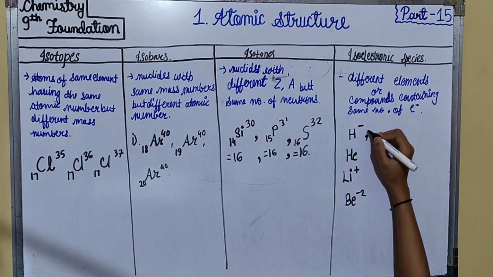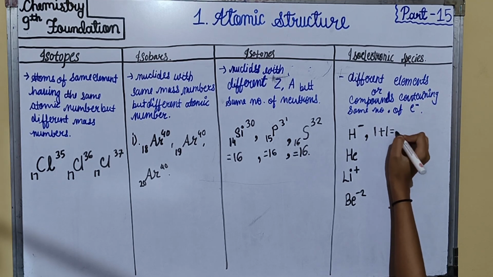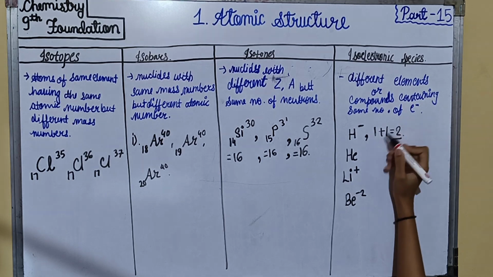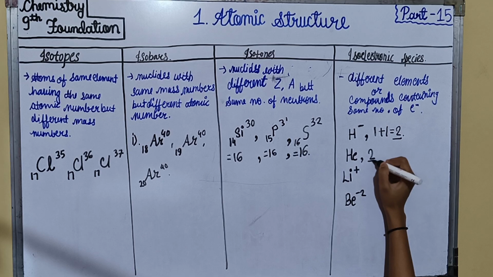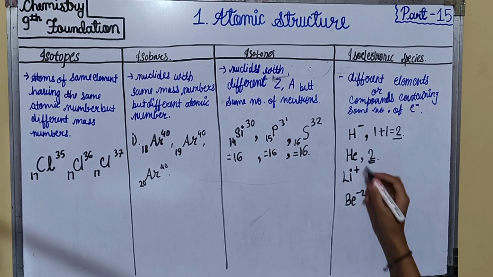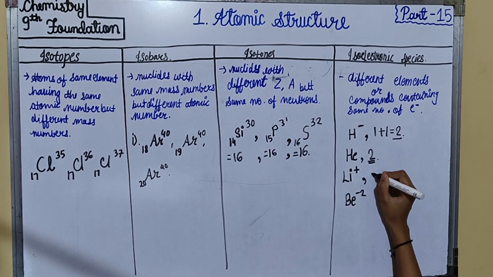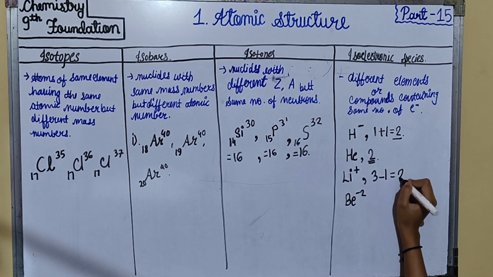The electrons of hydrogen is 1 and this minus means plus 1. That will be 2 electrons. Here the atomic number of helium is 2. So it is 2 because we don't have the minus or plus sign at the upper right part of the element. And third one is Li plus. Li plus is opposite. The atomic number of lithium is 3 and this plus means minus 1. That would be 2.